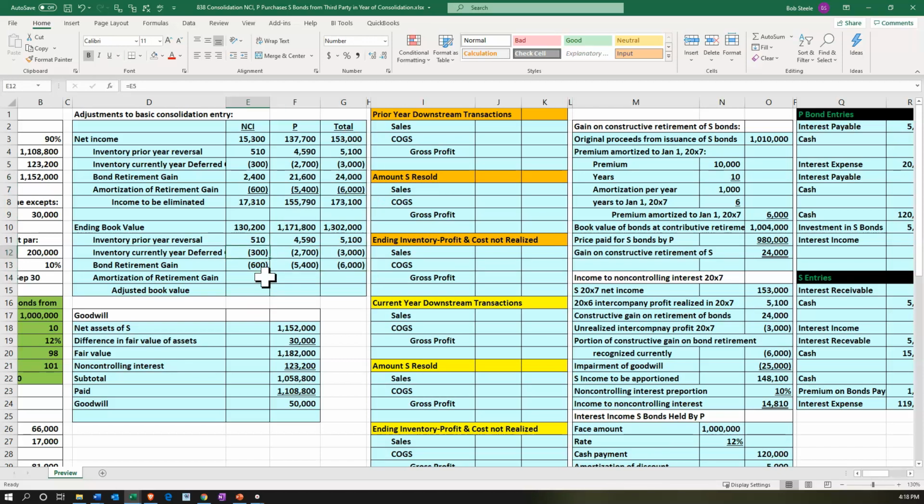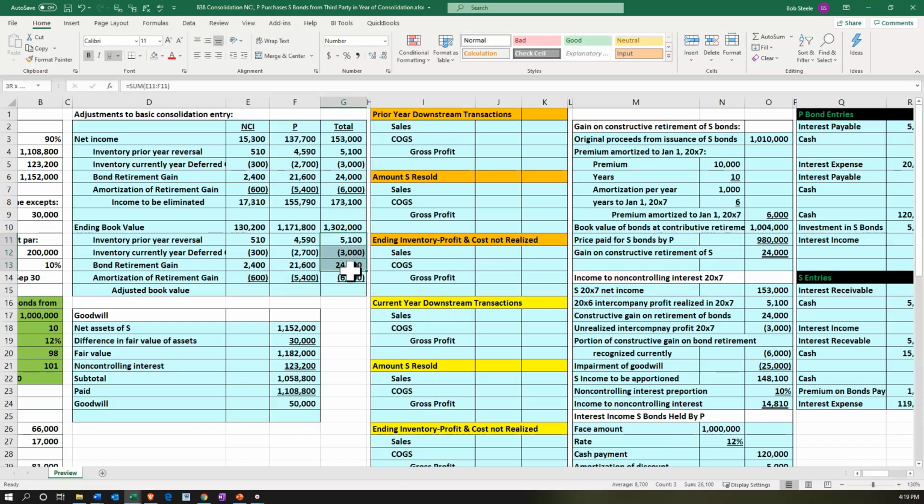I skipped a row. Sorry about that. Equals this. Okay, and then we've got one more row. The 6, and then this is equal to the 5, 4, and then we'll sum them up this way.